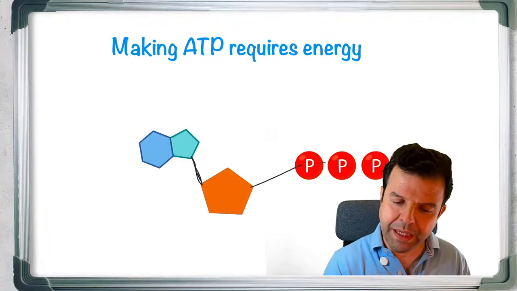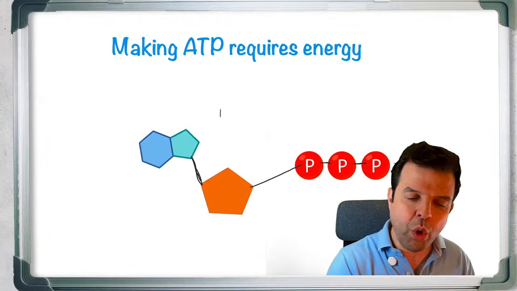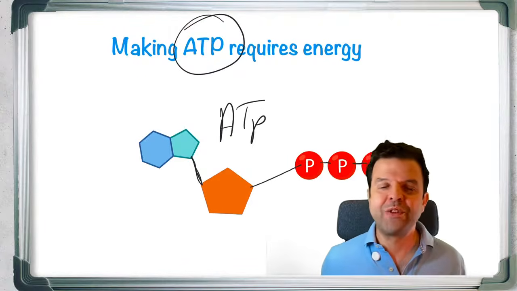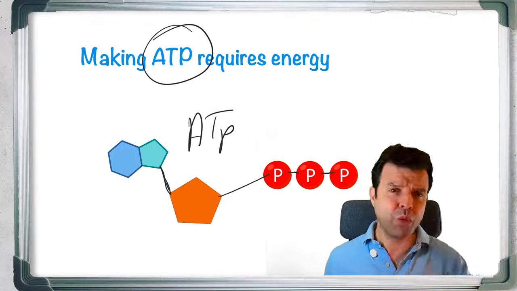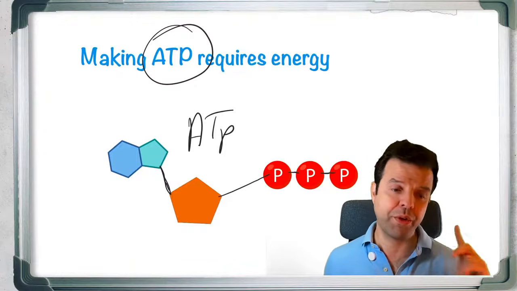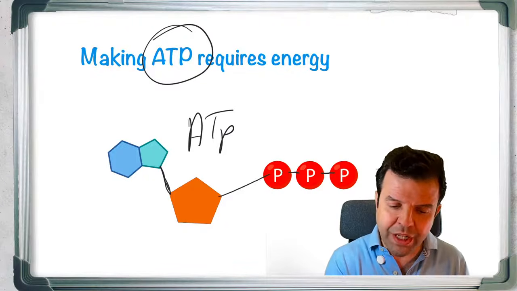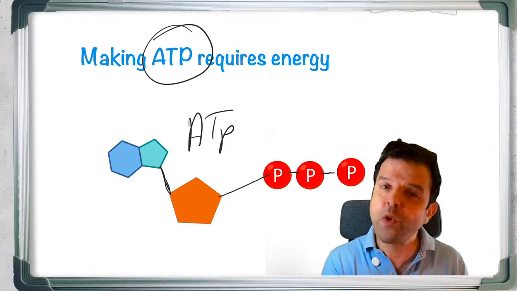Guess what I'm making here? This is what we call ATP. So ATP is that molecule. I want to show you how do we use it and how do we build it. What I've done here is called phosphorylation. When I attach a phosphate to it, that's called phosphorylation.